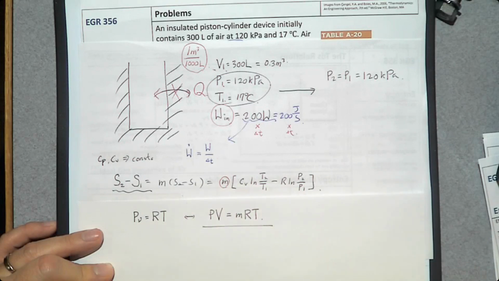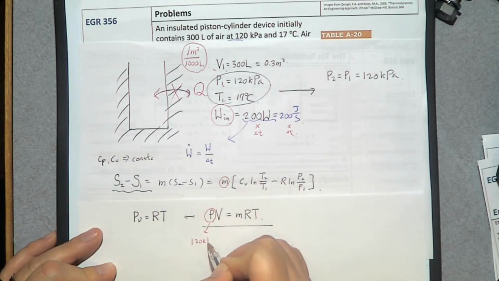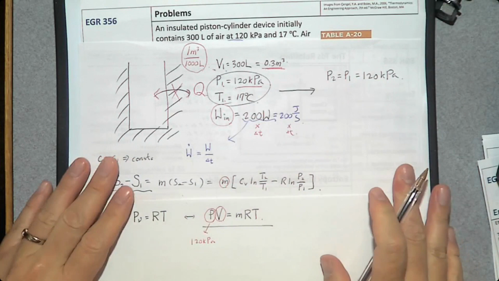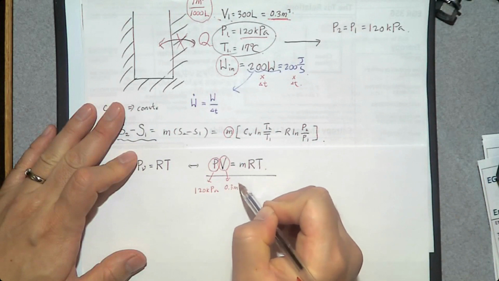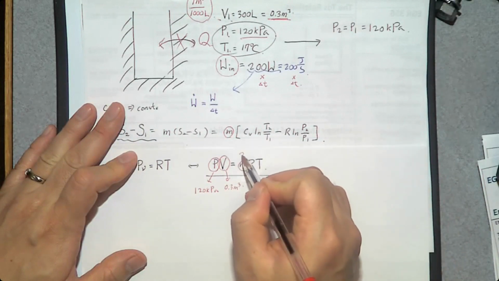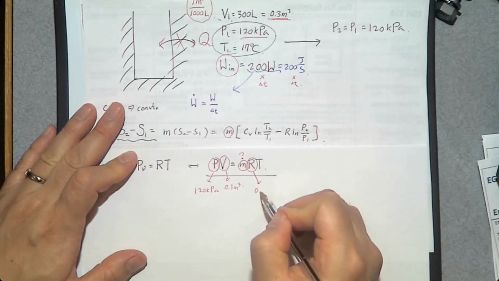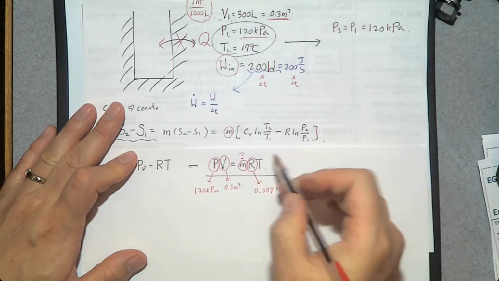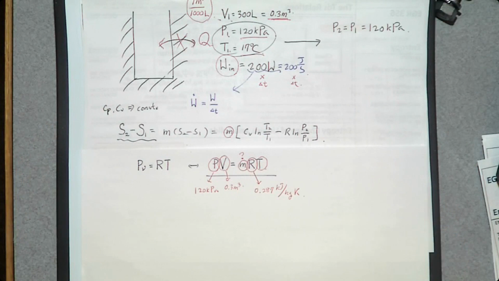So if we use this equation, pressure P is 120 kilopascal, which is right here, and the volume is 0.3 cubic meters. The mass is the unknown, and R is the gas constant. For air, it is 0.287 kilojoule per kilogram Kelvin, and the temperature is 17 degrees Celsius. However, if you use this ideal gas equation, the temperature should be in Kelvin.